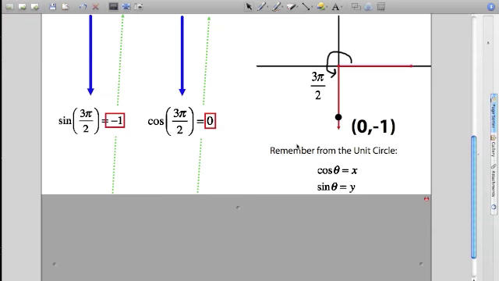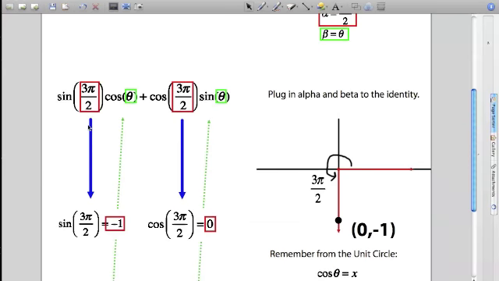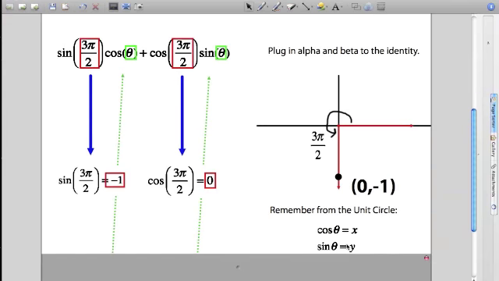So we've taken these values. If you look up at your equation, we needed the sine of 3 pi over 2 and the cosine of theta, and the cosine of 3 pi over 2. So I've taken the two actual angles that we're going to plug in. Sine of 3 pi over 2 is equal to -1 because the sine is the y-coordinate here.